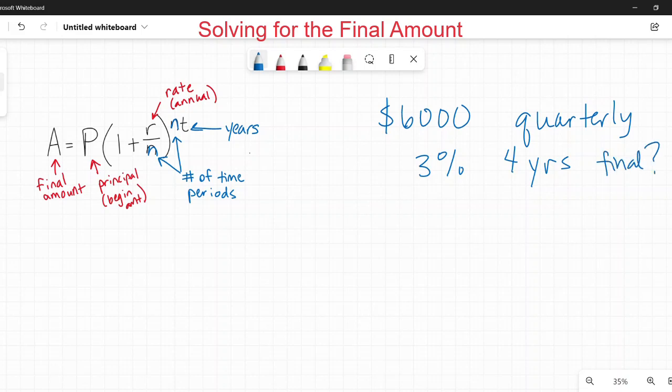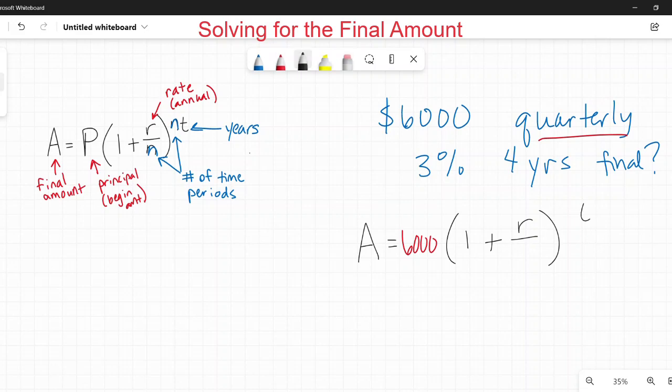Right, all we have to do is plug everything in, and then we start seeing how we need to solve it, because for each of these variables there's going to be a slightly different method. $6,000, that's our principal, so I'm going to put that in here. It's what I started with. It says quarterly. Again, quarterly means 4 times every year.